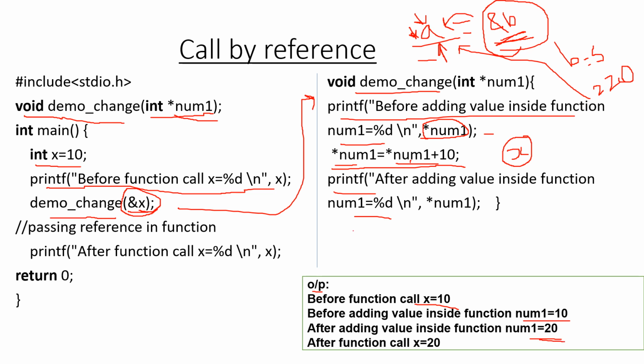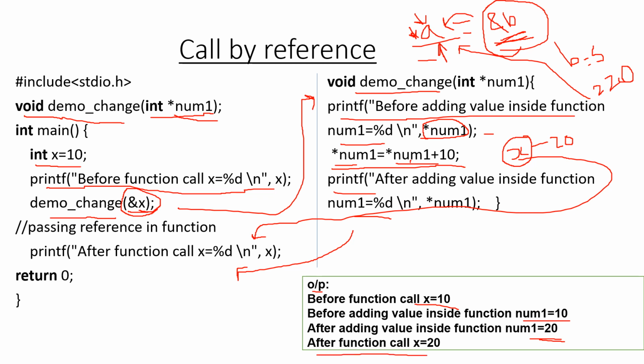So now when you return to main, the value of x, which was 20 here, is reflected. And here you can see in output, after the function call, x is equal to 20. So basically there is one main difference between call by value and call by reference, which is the memory location. My formal parameter and my actual parameter are getting stored at the same memory location.